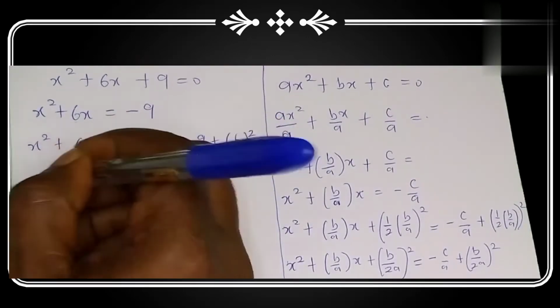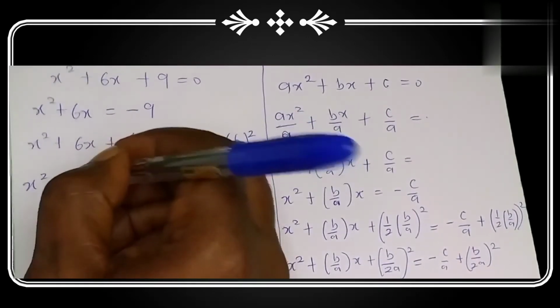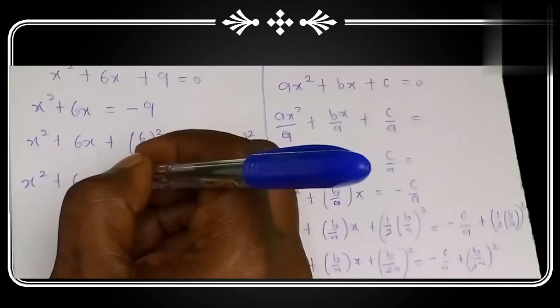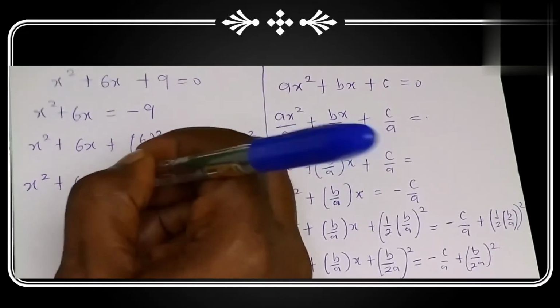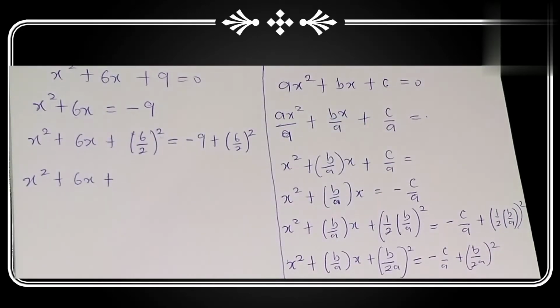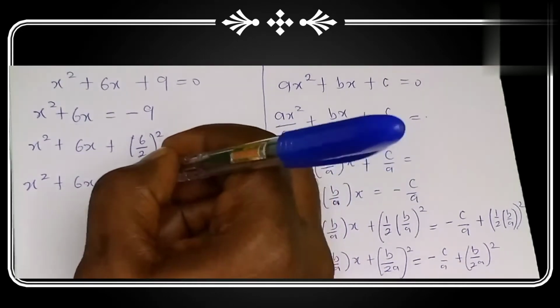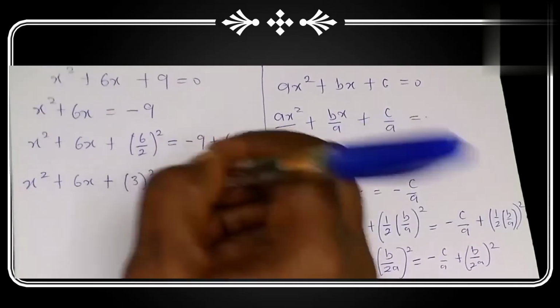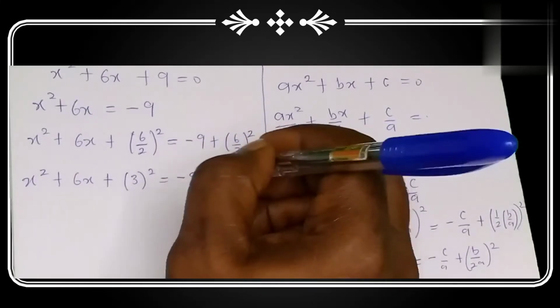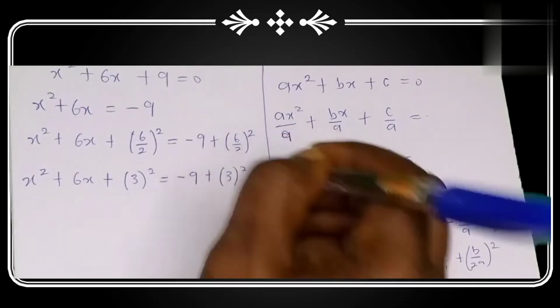Now we have x squared plus 6x plus, 6 over 2 is 3, 3 squared equals minus 9 plus 3 squared.